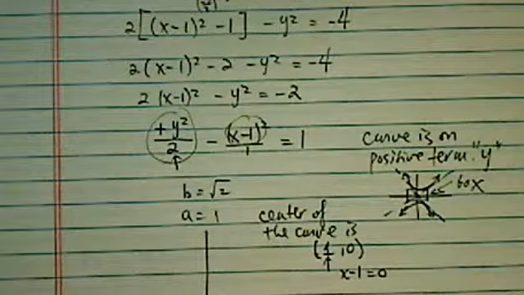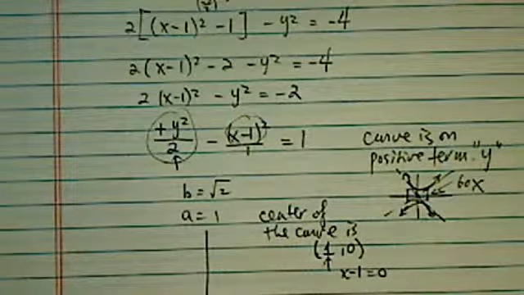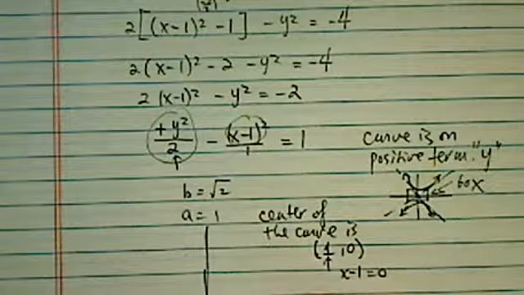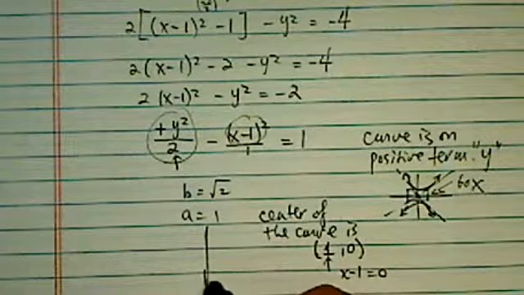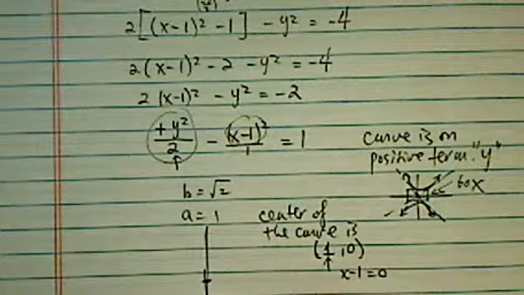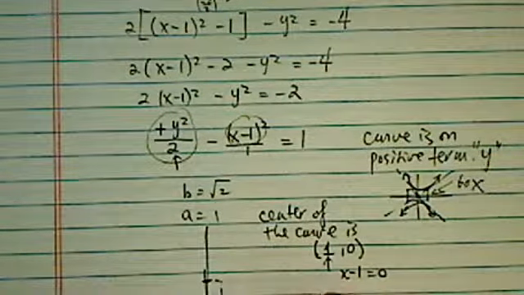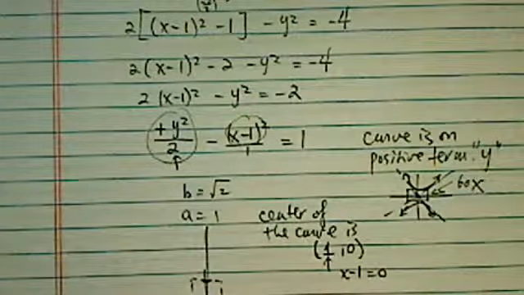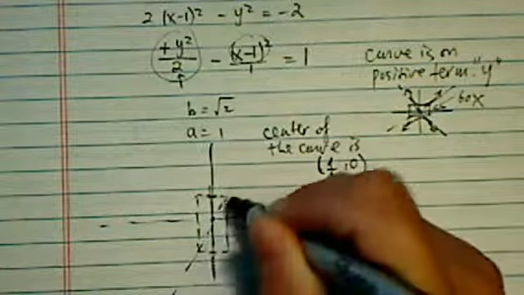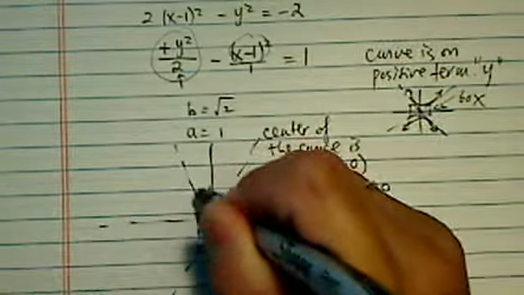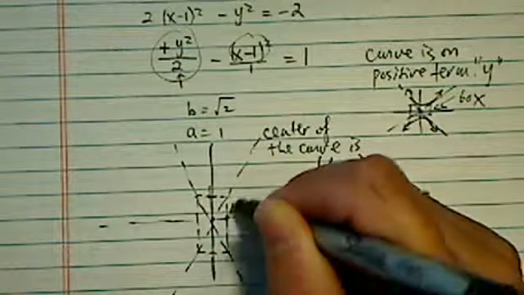So let's draw a curve with a box here. The radical 2 is 1.4, so it's a little over 1, and x is 1. So here's my box. Once I have the box, I have my asymptotes. Asymptotes give me the curves. So here's my curve.